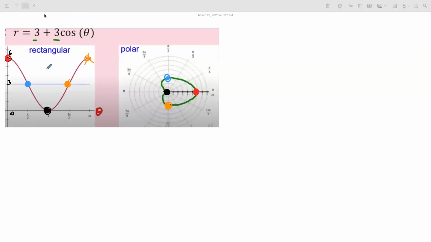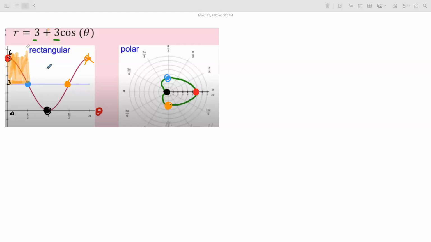Now, if I'm going to ask for this period, 0 to pi by 2, what is happening to the graph?